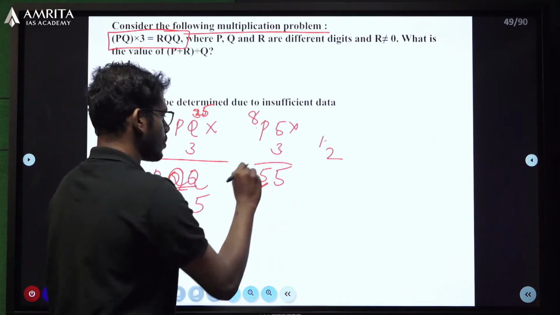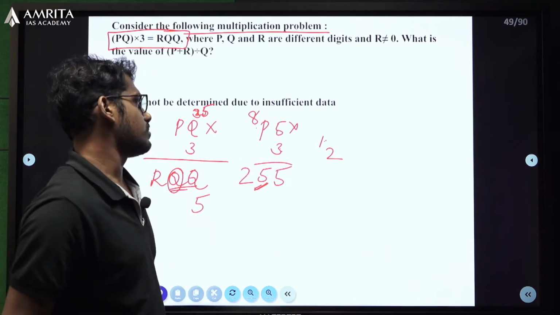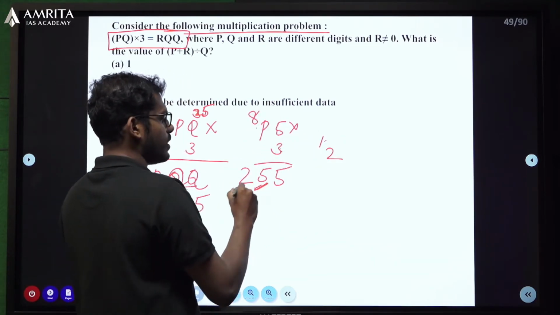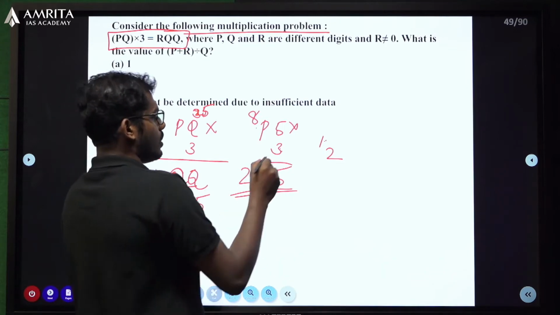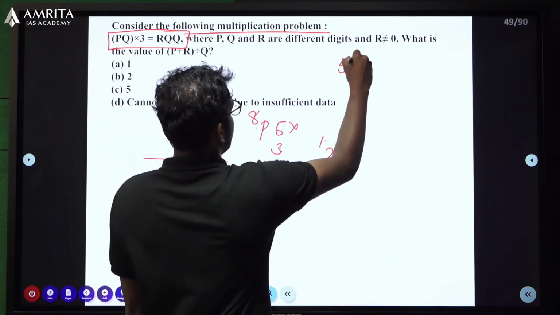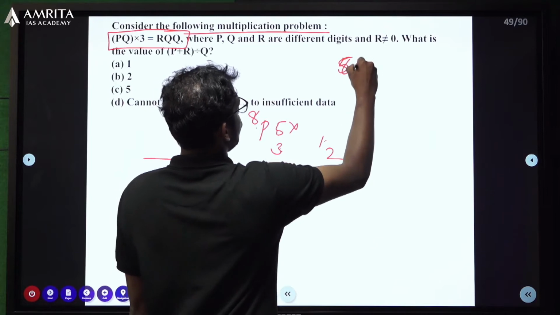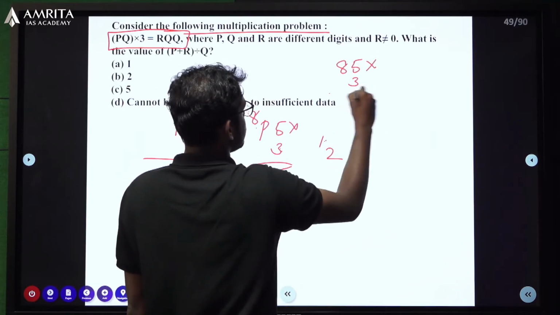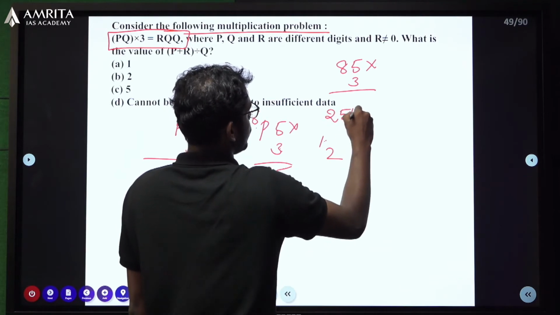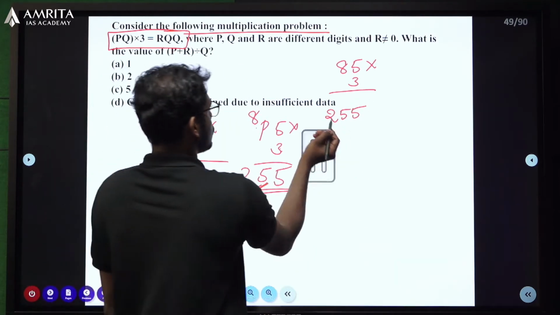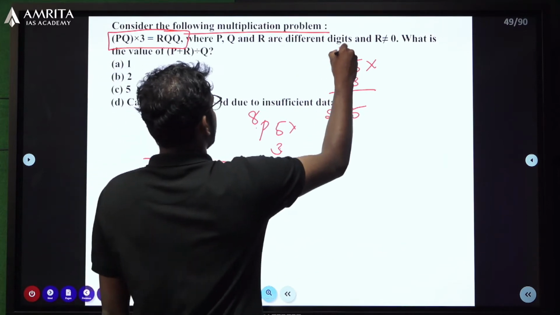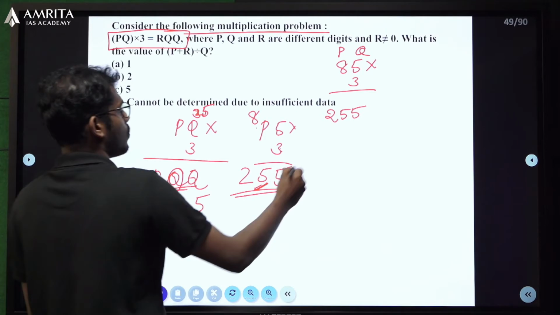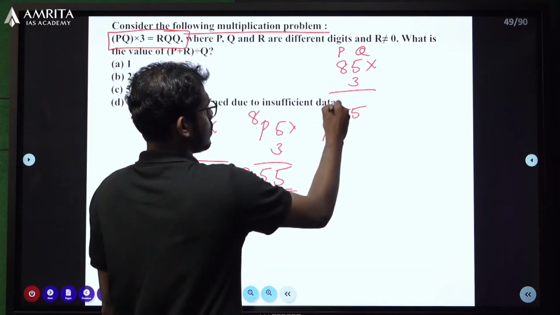Remainder 2 automatically comes here, clear, because it's a 2-digit number. So, the number is 85. 85 into 3 is equal to 255, clear. So, the value of P is 8, the value of Q is 5, the value of R is 2.